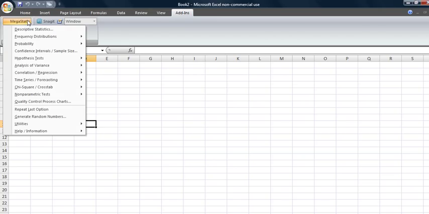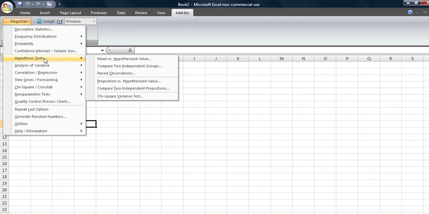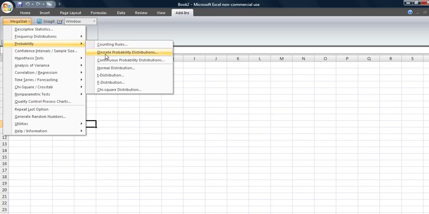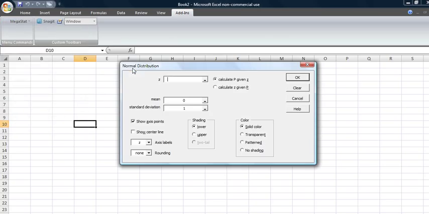So what I'm going to do is go to probability. Let's try to draw it and see what happens. Maybe we can visualize it. I don't know if my computer's going to work this time, but we will see. Normal distribution. Do I want to calculate p given z, or z given p?